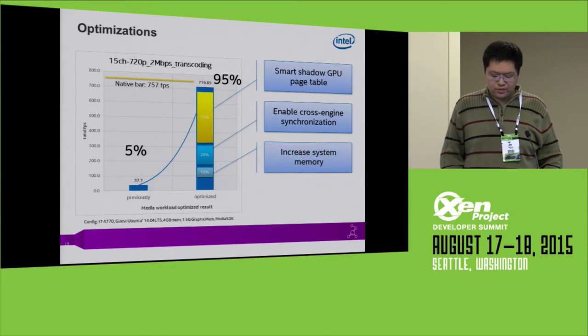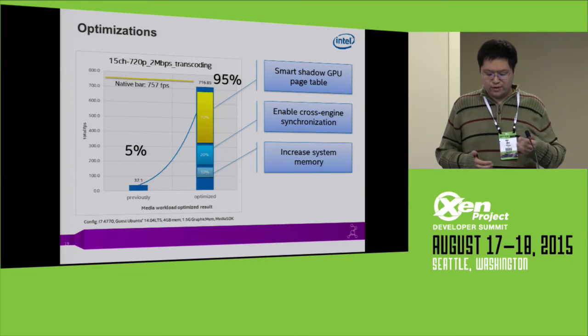The Smart Shadow GPU page table here is the out-of-sync shadow page table we mentioned before. It provides about 17% performance gain. Another is cross-engine synchronization, because the Intel GPU pipeline does bit stream packing in a dedicated pipeline, and the MC and MV encoding is in another pipeline.